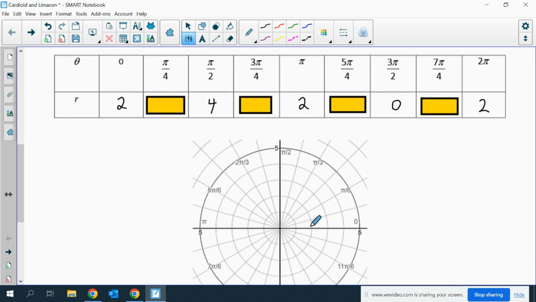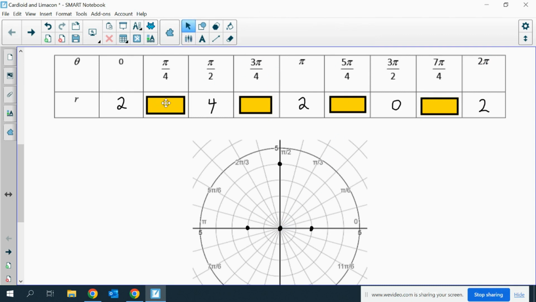The point (2, 0) would be here. The point (4, pi halves) would be here. The point (2, pi) would be here. (0, 3 pi halves), well, anytime r is 0, it's at the pole. Then at 2 pi, we're back to r equals 2.